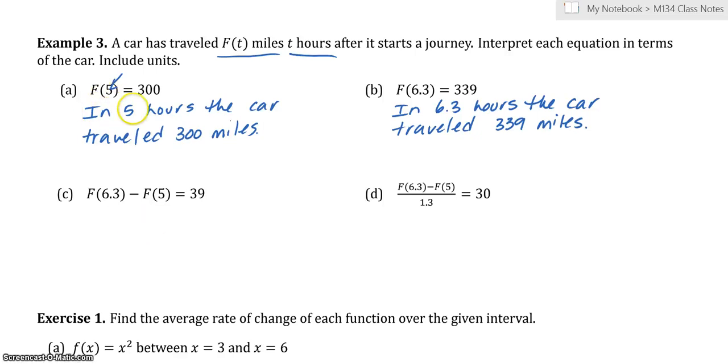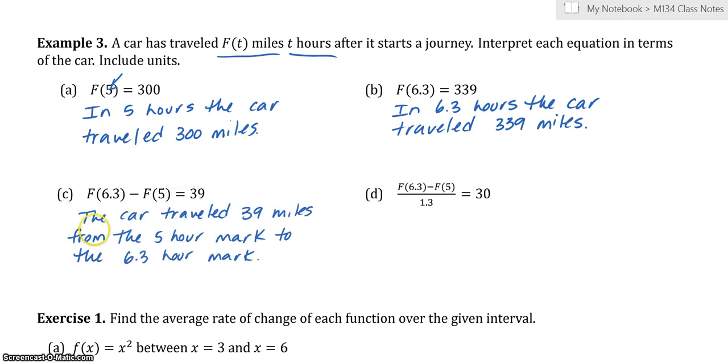So from 5 hours to 6.3 hours, he traveled, if you subtract these, 39 miles. Or you could say that the car traveled 39 miles from the 5 hour mark to the 6.3 hour mark. It's the change that he traveled.